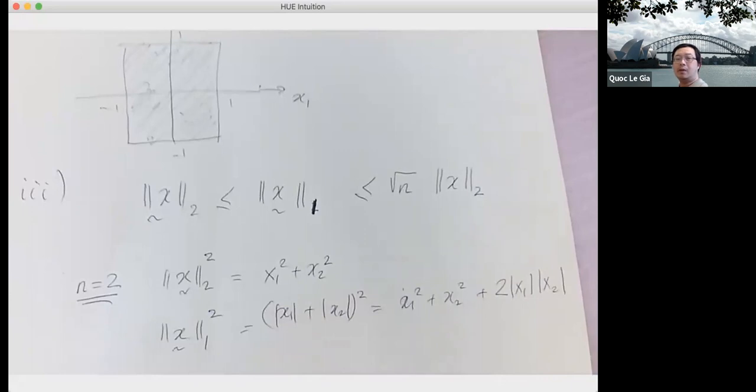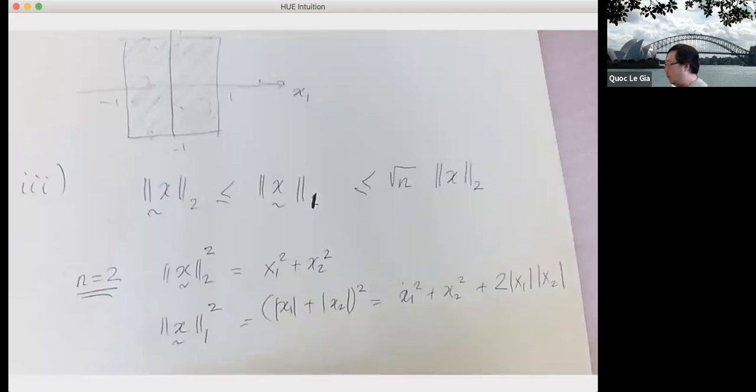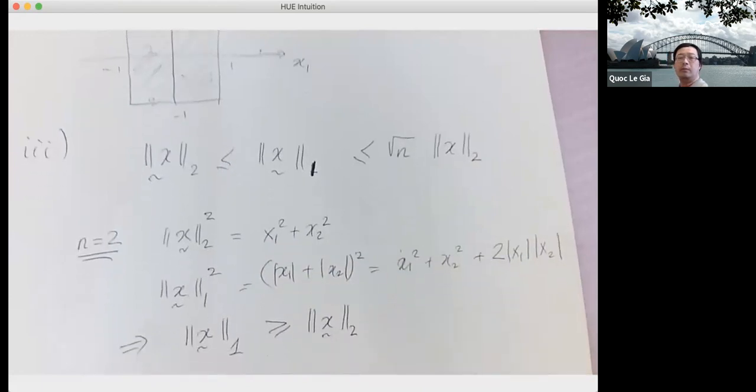So it is obvious that the square of the 2 norm is less than the square of the 1 norm, because you have this extra term here. So in this case, the 1 norm is greater than or equal to the 2 norm.